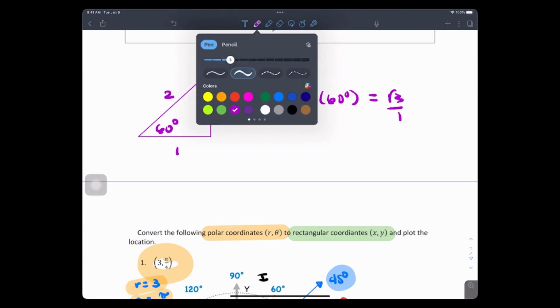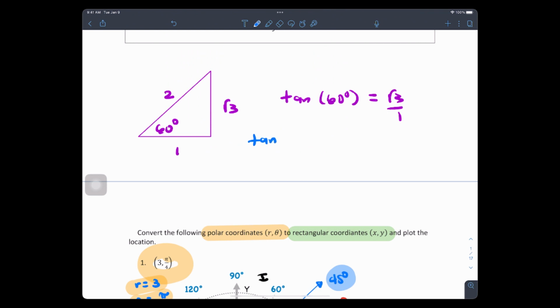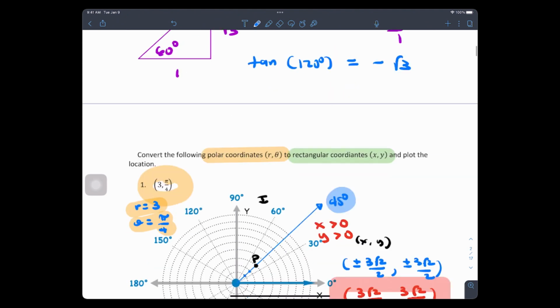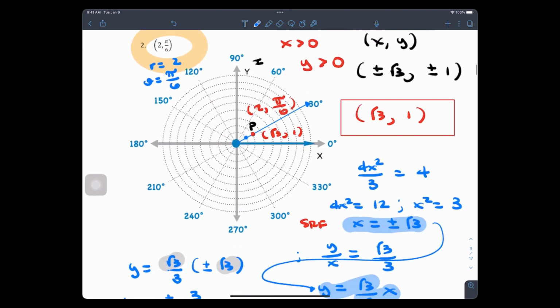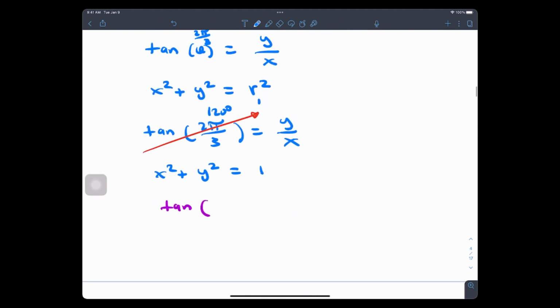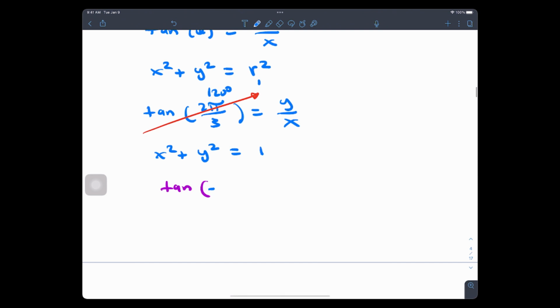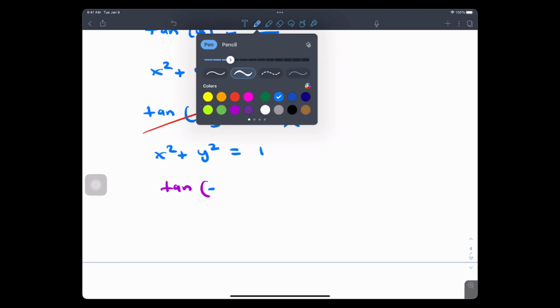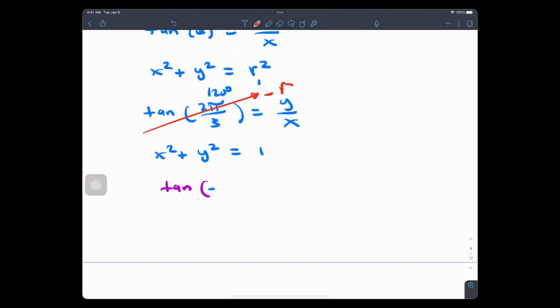So what that means is tangent 120 has to be negative square root of 3. Is that right? Because what quadrant is this in? 2. So it's negative square root of 3.